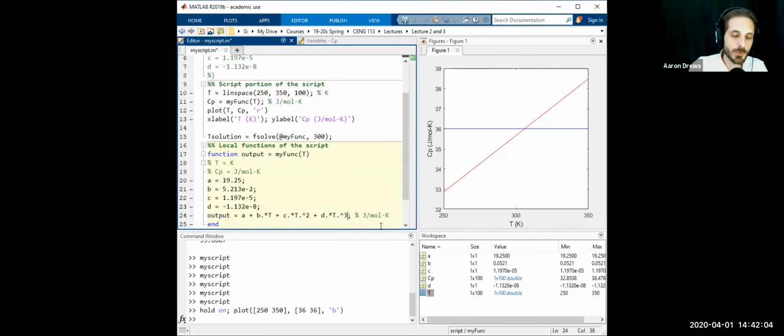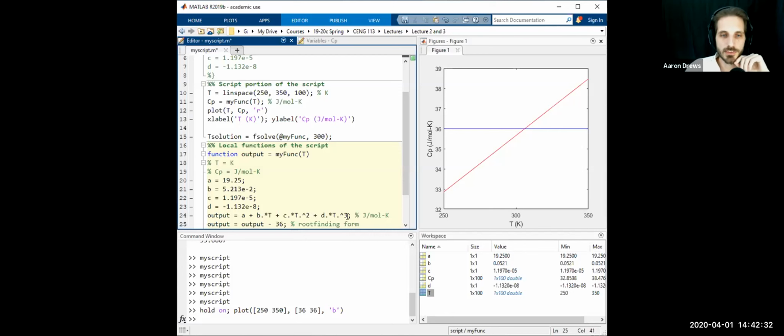I need it to output the heat capacity minus whatever the target is. So I actually want output equal to output minus 36. I don't want the value of the heat capacity where it is 0; the heat capacity itself will not be equal to 0. I want the value of the temperature at which the heat capacity is equal to 36. And so this is root finding form.